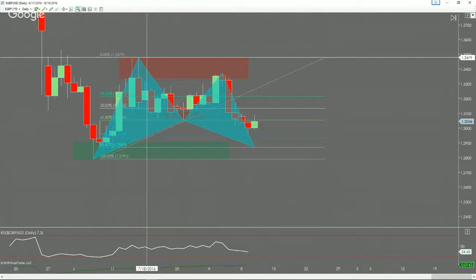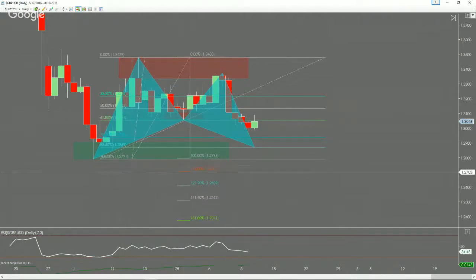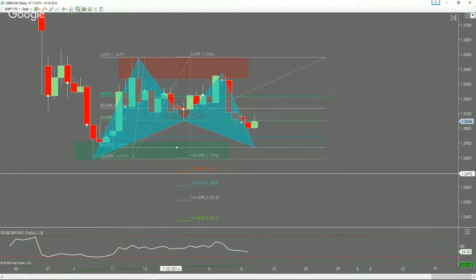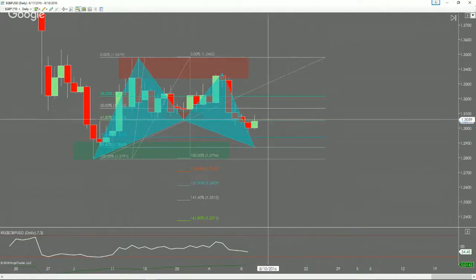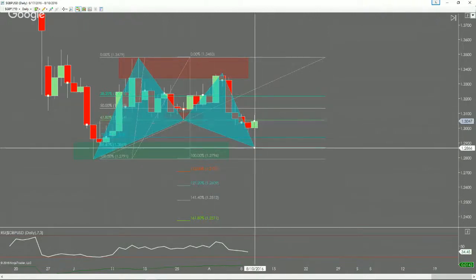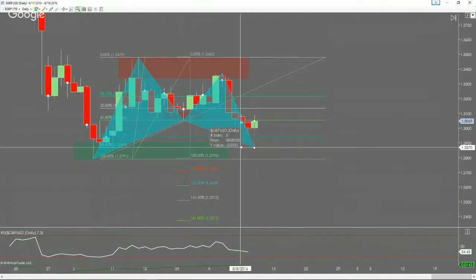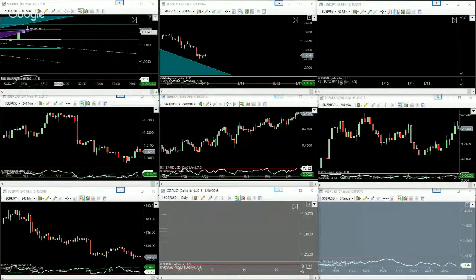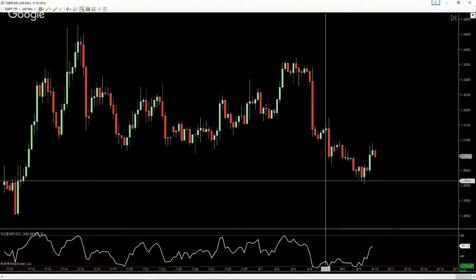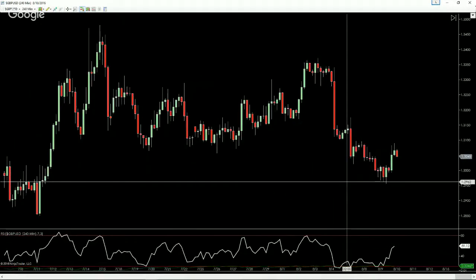For all of you who are able to tolerate the risk on daily patterns, you can take advantage of this one. It's still a little bit ways away, about 181 pips to completion. This does take quite a long time as well. So if that's something that you can tolerate, that's something that you can take advantage of.